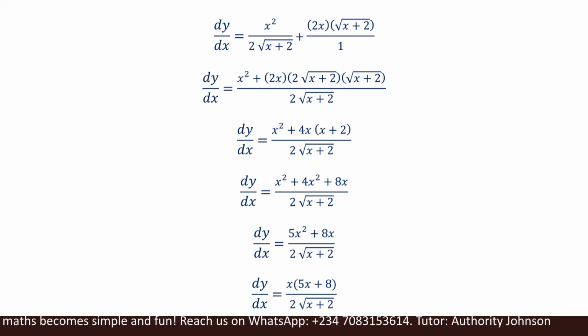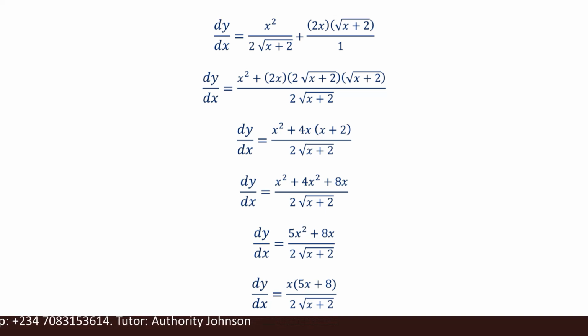So the derivative of the function y is equal to x squared square root of x plus 2 is giving us dy/dx is equal to x open bracket 5x plus 8 close the bracket all over 2 square root of x plus 2. Yes, I think you can verify this using any method of your choice, right?